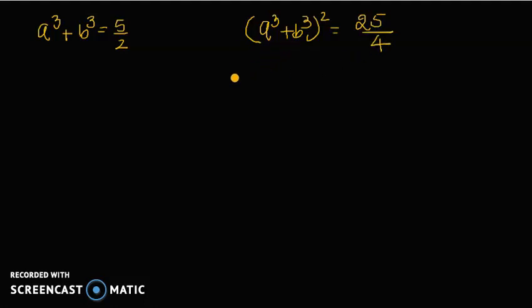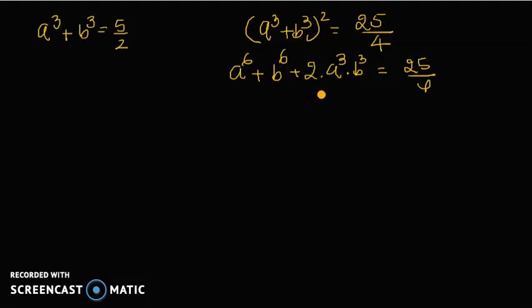Now left hand side we can write a raised to power 6 plus b raised to power 6 plus 2 times a cube b cube, which is equal to 25 by 4.